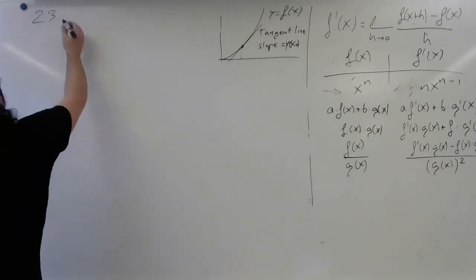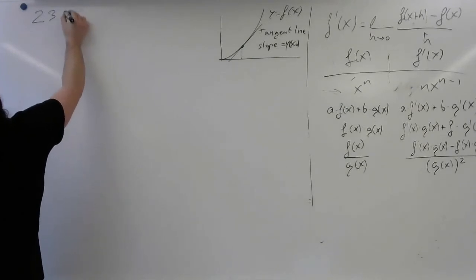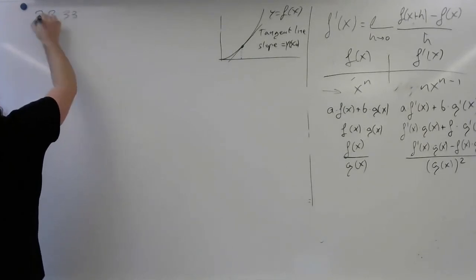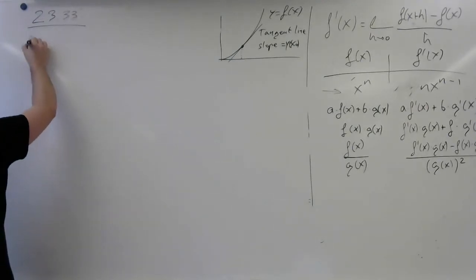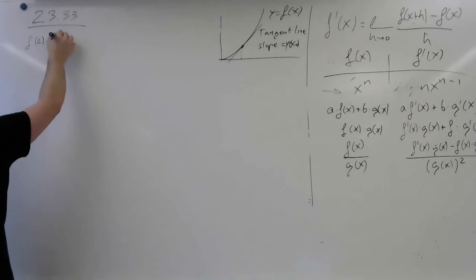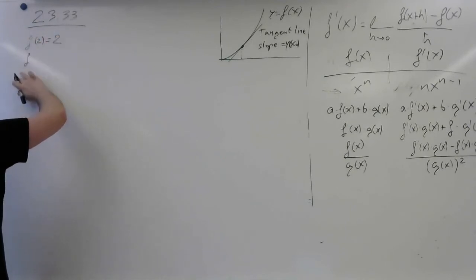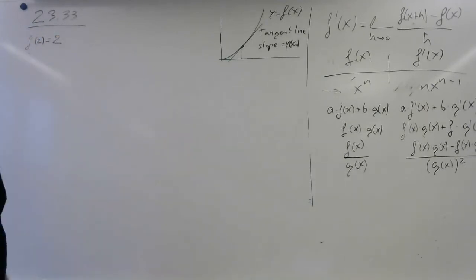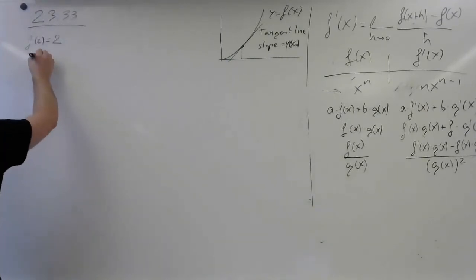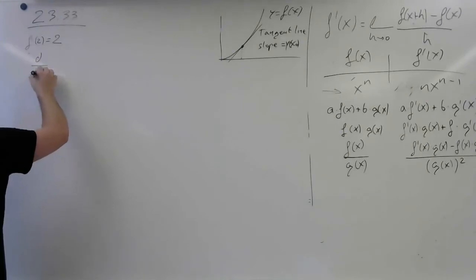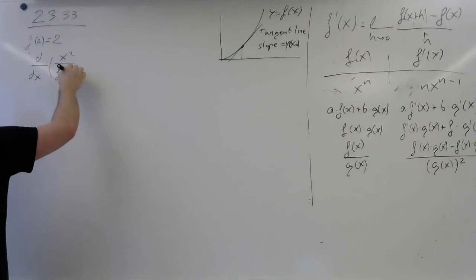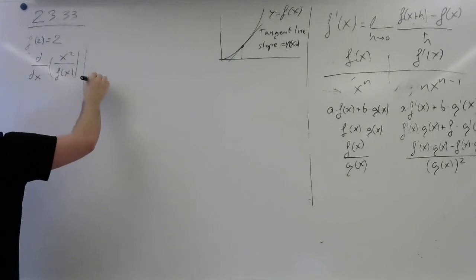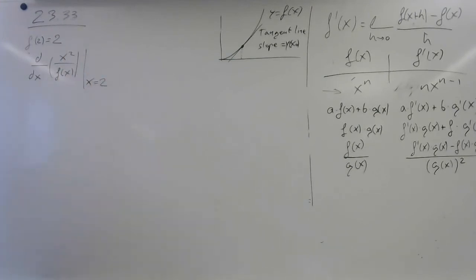Okay. Now we know the following. And we want to calculate the derivative with respect to x of x squared divided by f of x when x equals 2.